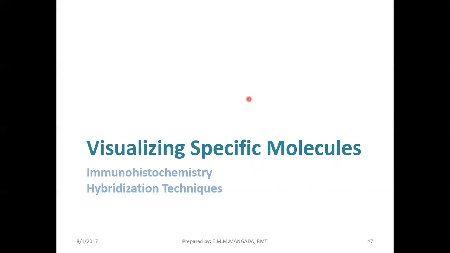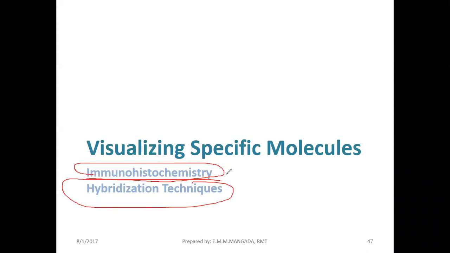So next, we have visualizing specific molecules. So guys, now in visualizing specific molecules, we have the following method. We have your immunohistochemistry and your hybridization technique. So in your immunohistochemistry, guys, we will be discussing two techniques, two basic principles. We have the direct and your indirect. Na-introduce ko na to kanina sa inyo, dun sa fluorescence assay, nung nandun tayo sa fluorescence microscopy.